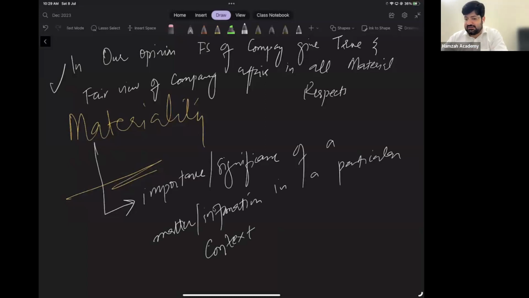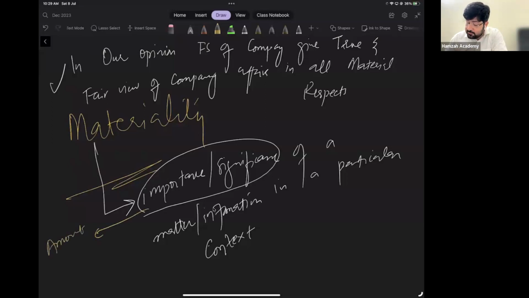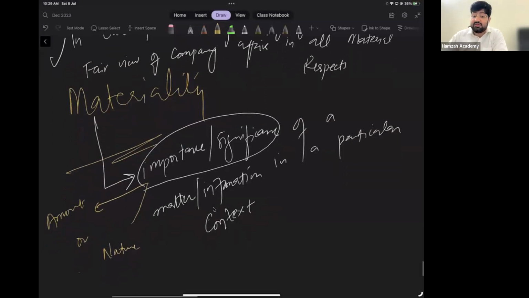In a particular context. Significant, importance, for example. And this may be amount or nature, may be different.